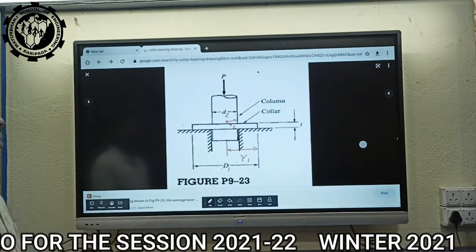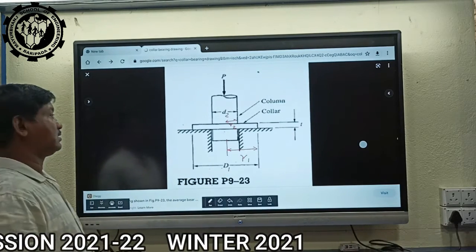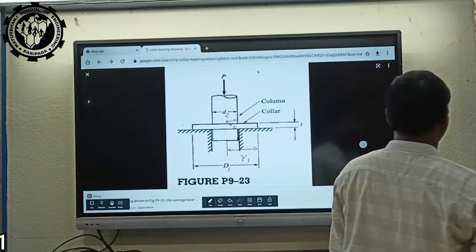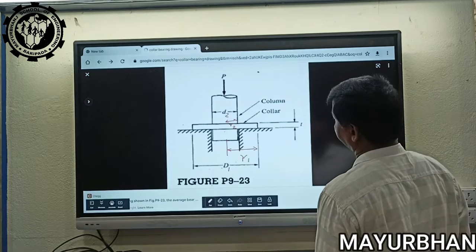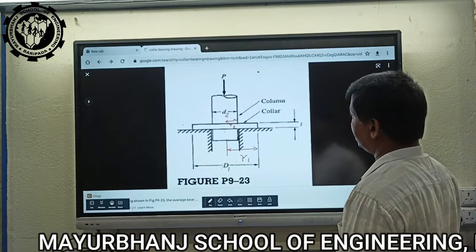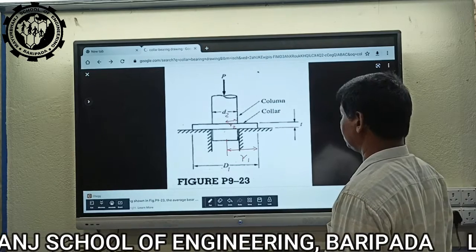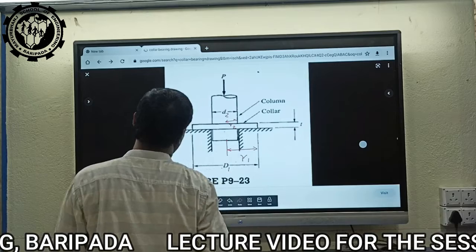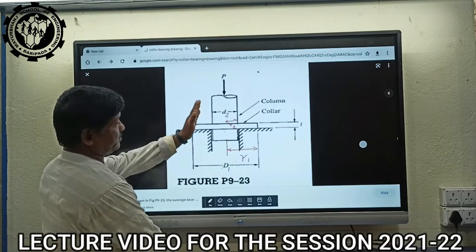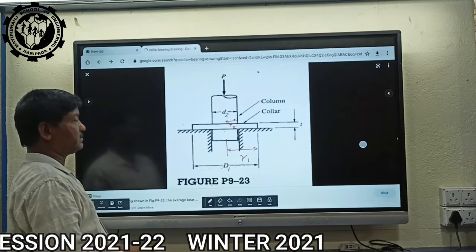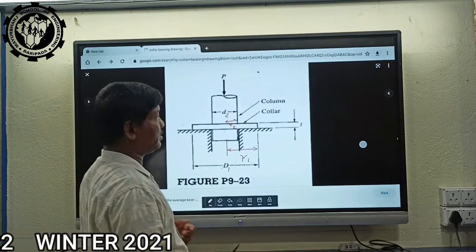So the limit will now be R2 to R1, and we calculate the frictional torque lost in the collar bearing.